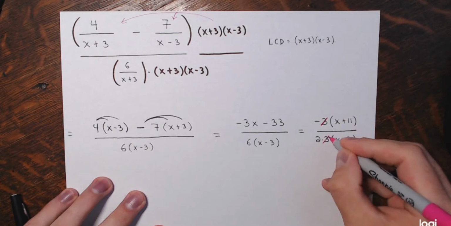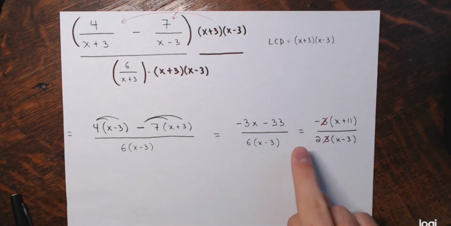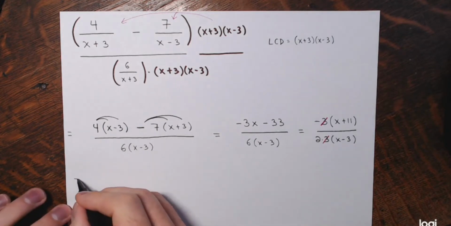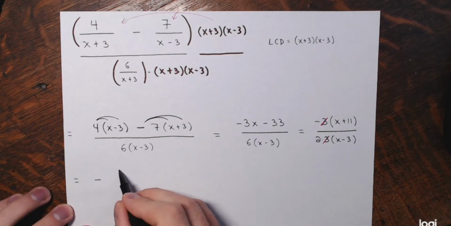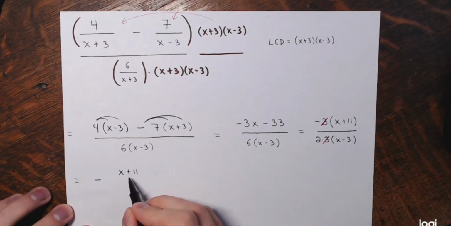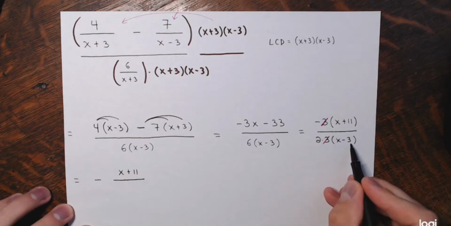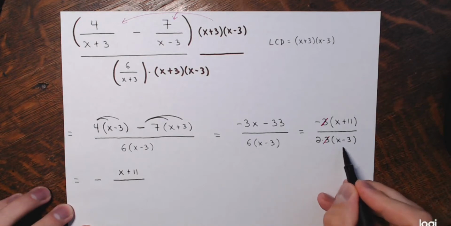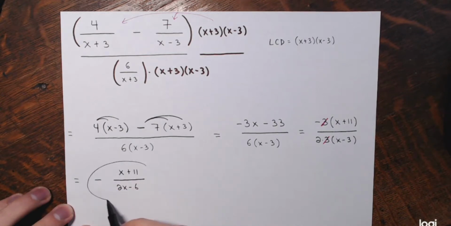So this can simplify. And remember, factors of negative 1 you can pull out front. So I'm putting negative 1 out in front of the fraction, and then we have just x plus 11 left over in the numerator, and 2 times x minus 3, which would be 2x minus 6, left over in the denominator, and there you go.